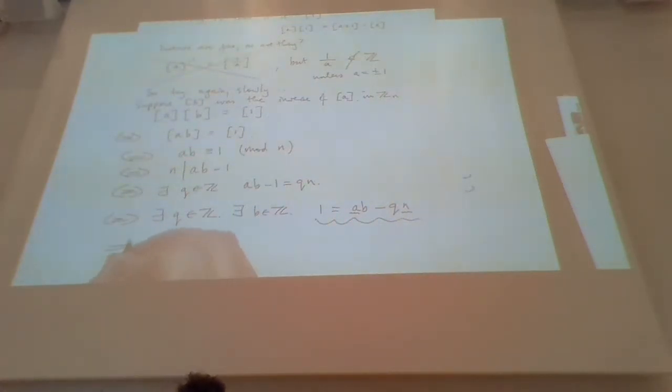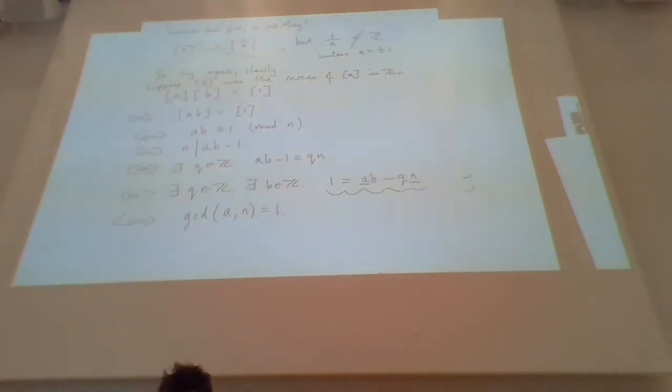But by a result from the previous chapter, this is true if and only if the GCD of A and n is 1. So there are inverses around, but only for those congruence classes of integers coprime to the modulus.